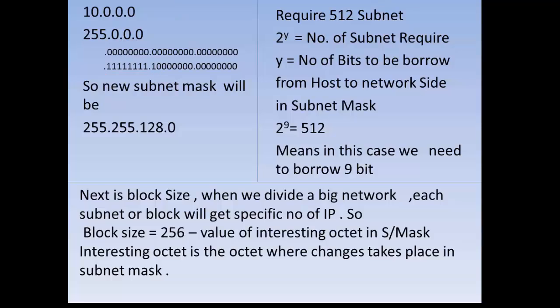For A class, the CIDR value can be /8 because the default subnet mask is 255.0.0.0. It can go up to /30.